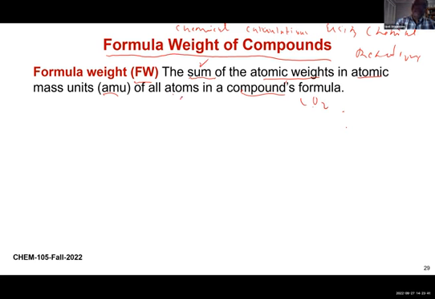An atom is like carbon. You can find out the formula mass: carbon is 12. Carbon dioxide is 44. You add 12, plus 2 times 16, which is 32, plus 12 is 44. That's how you get it.